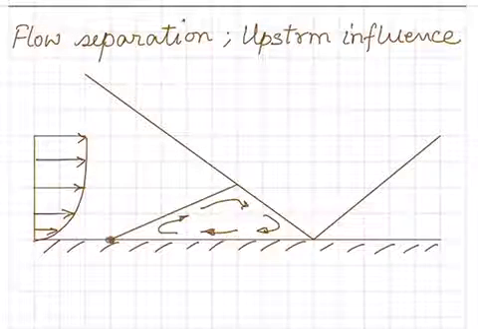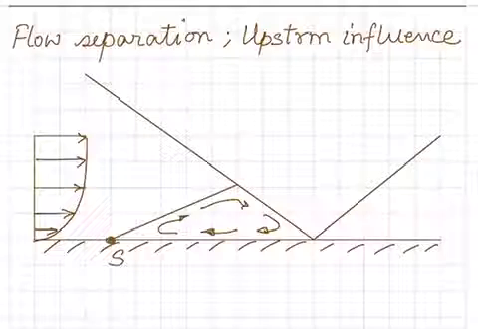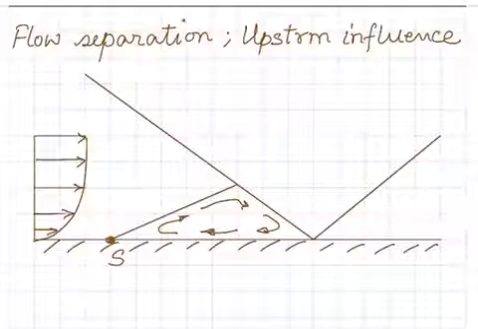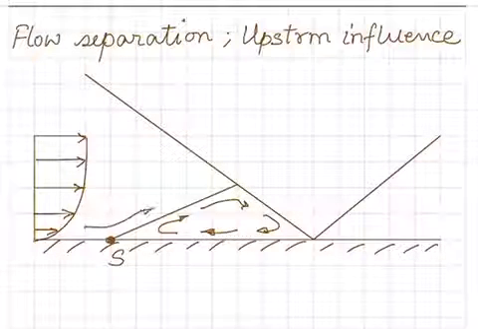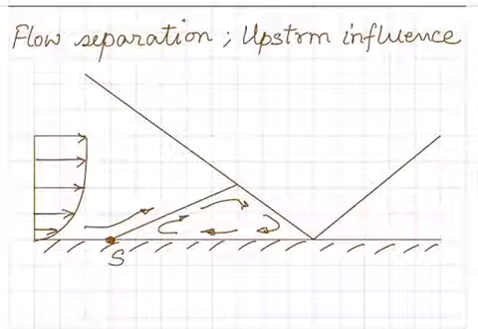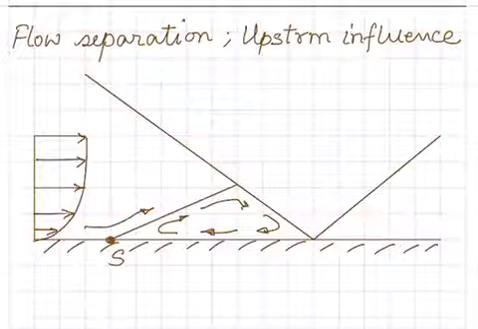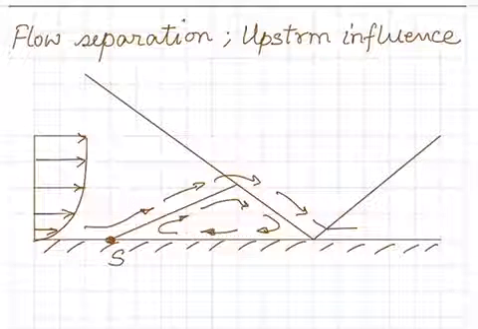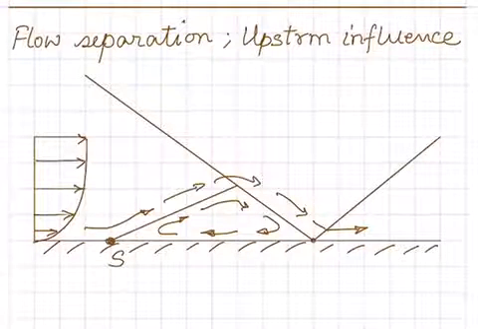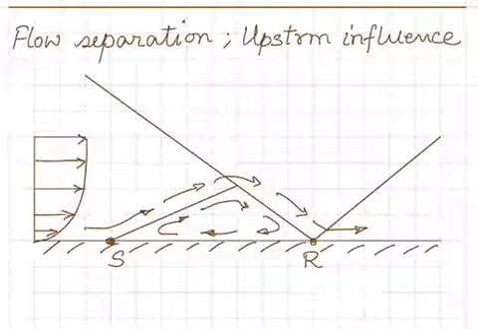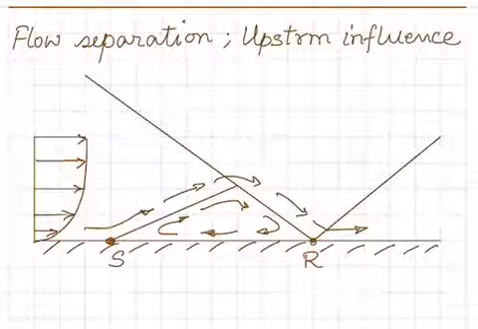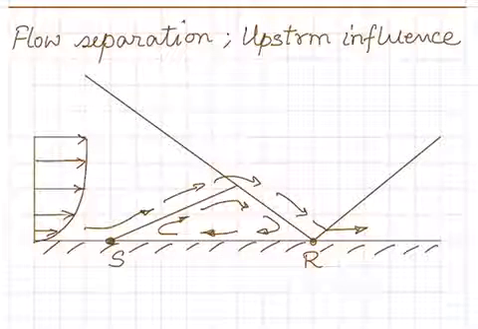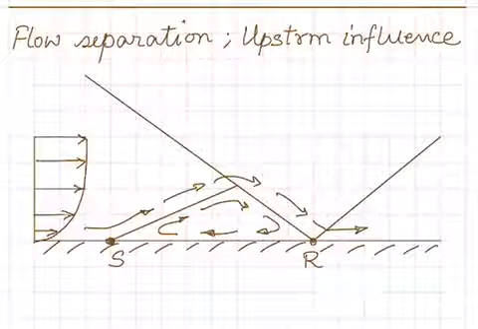We have a separation point S, where the boundary layer coming from the left gets separated from the surface, and the flow takes off over the separation bubble. It goes around and reattaches on the plate. We have reattachment point R, and in between S and R is the separation bubble, where we have some kind of a vortex structure.